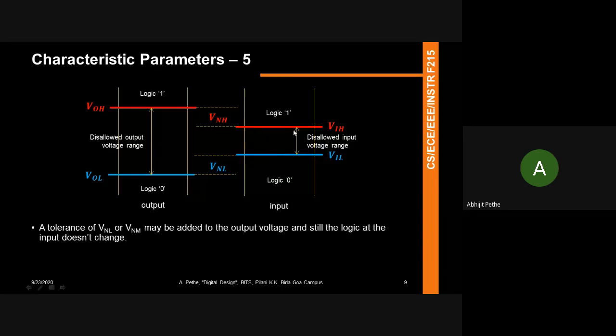So at some point you have to trade off between how wide this range is and what the noise margin is, right? Having a high noise margin is good, but you also want a good separation between 1 and 0. If you don't have a good separation, then it's possible that you lose 1 and 0.